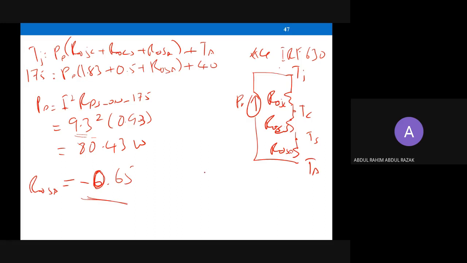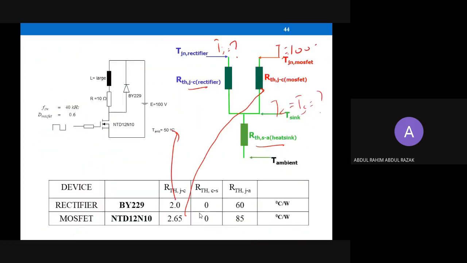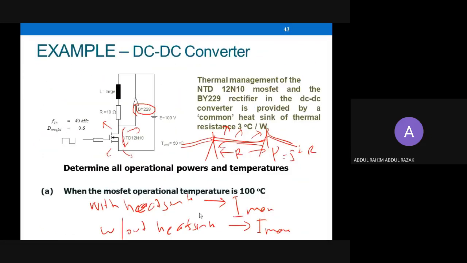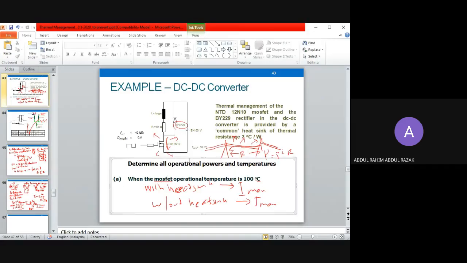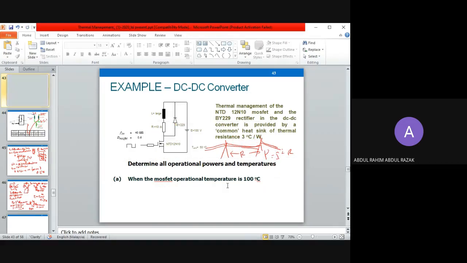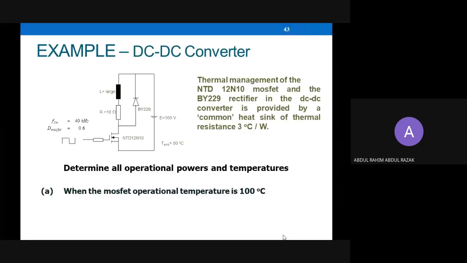Okay, and then next we go to the example that I left you before, a DC-DC converter which operates at a temperature of 100 degrees C with a common heatsink.